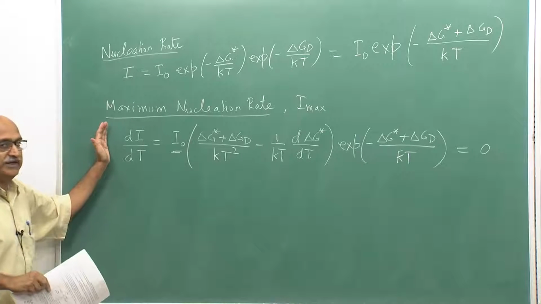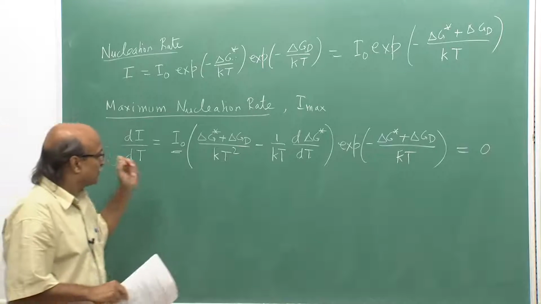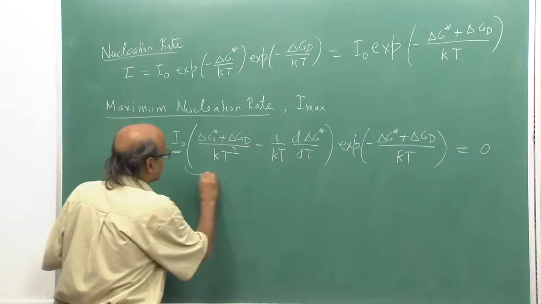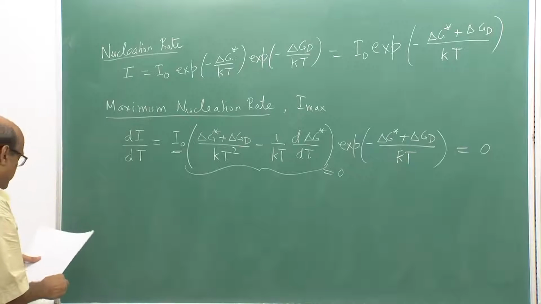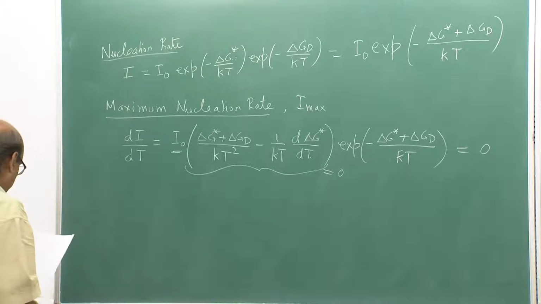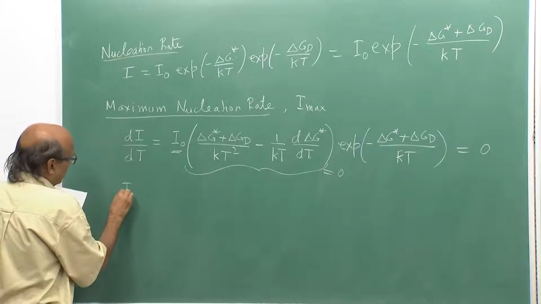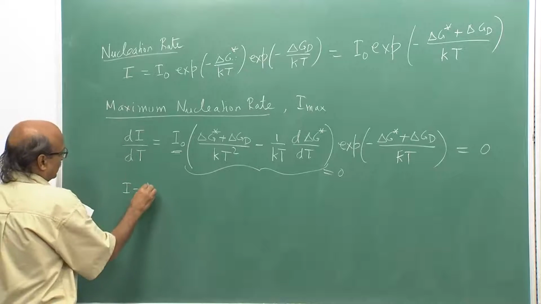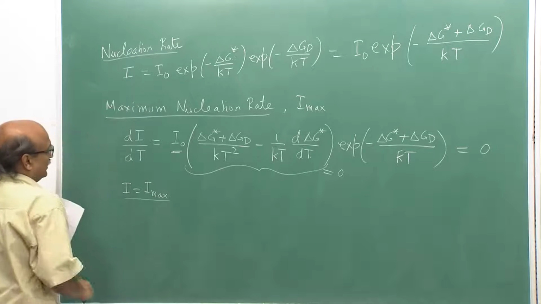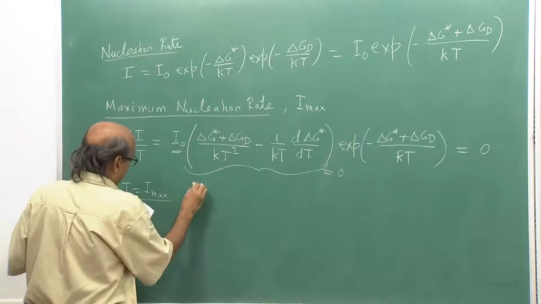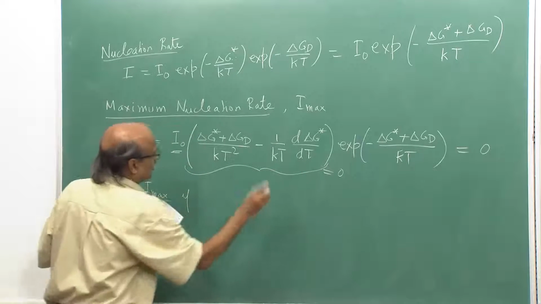Therefore, dI by dT will be 0 only when this term goes to 0, which means that the nucleation rate would reach the maximum nucleation rate I max if this term goes to 0.